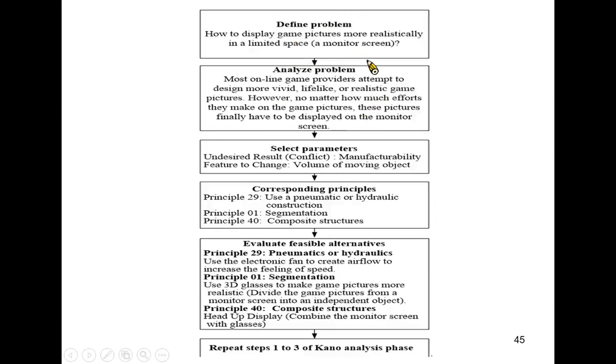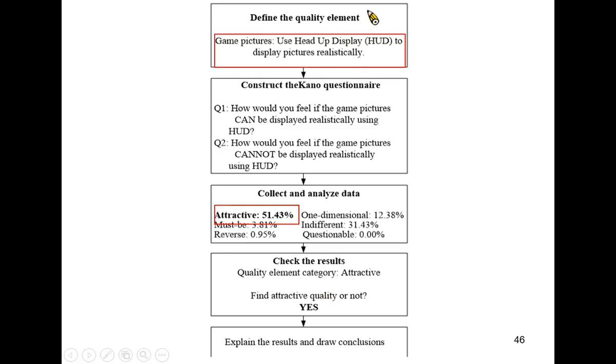We analyze this problem and identify the parameters getting worse and the ones we have to improve. According to the contradiction matrix, we can find 3 principles. According to these principles, we can define some solutions, and we go back to do the Kano analysis. So that's our new idea.